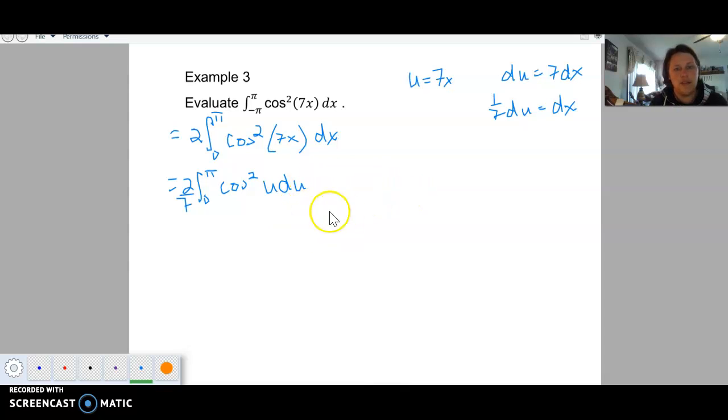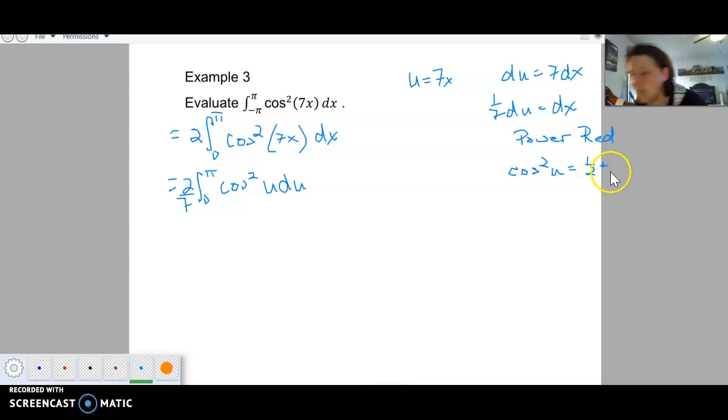And now let's go ahead and use that power reduction rule that we talked about at the beginning of class. Cosine squared of u is going to be 1/2 plus 1/2 cosine of 2u.